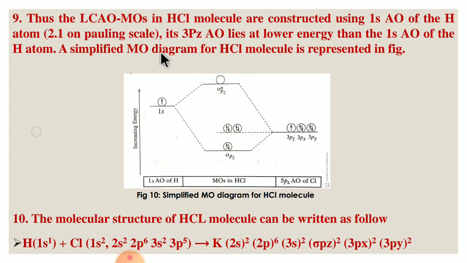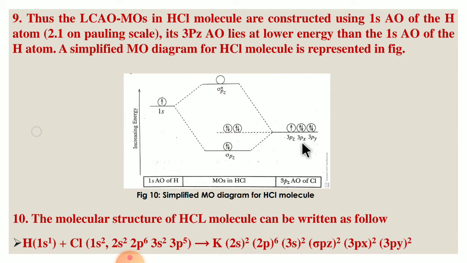So a simplified molecular orbital diagram of the HCl molecule is represented in this figure. Here we can see the molecular orbitals are shown in the middle of this diagram. The 1s orbital of the hydrogen atom effectively overlaps with the 3pz atomic orbital of chlorine and forms one bonding molecular orbital, that is sigma pz, and one antibonding molecular orbital, that is sigma star pz.